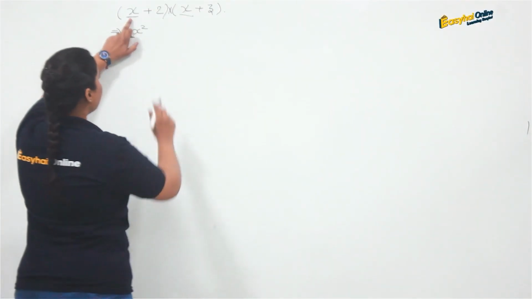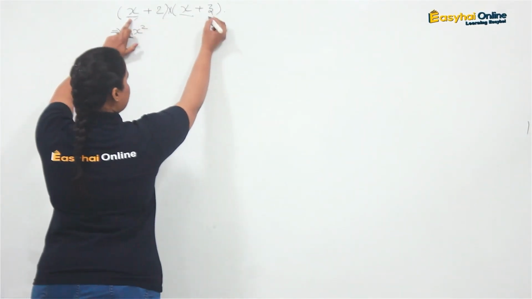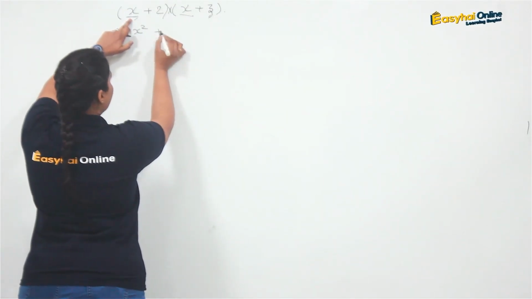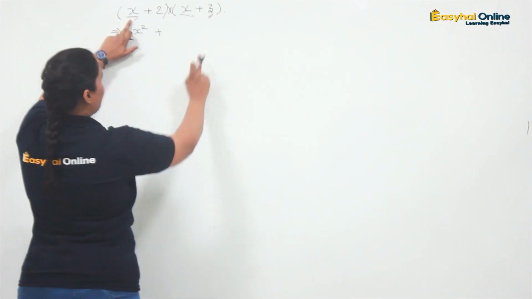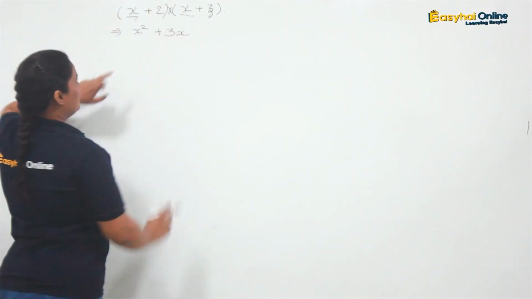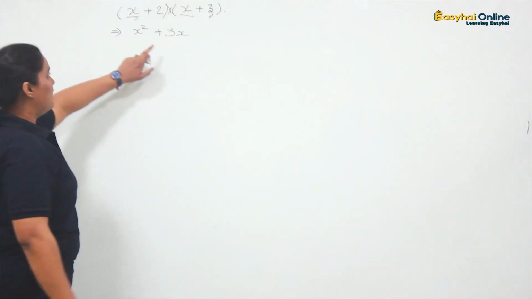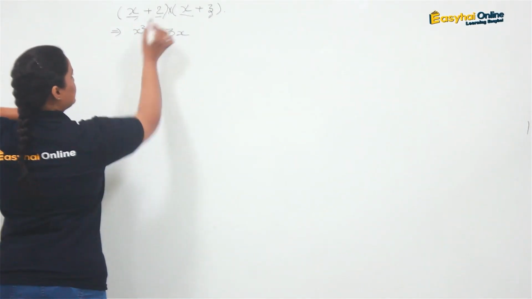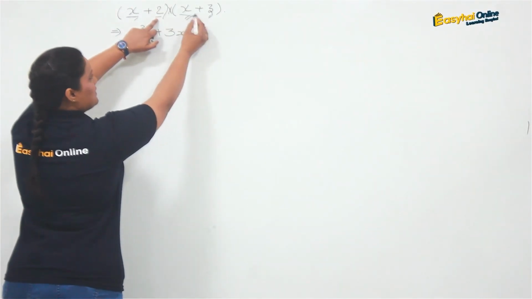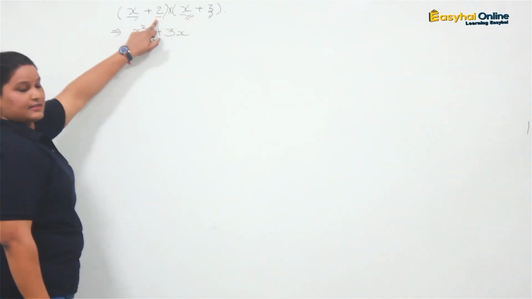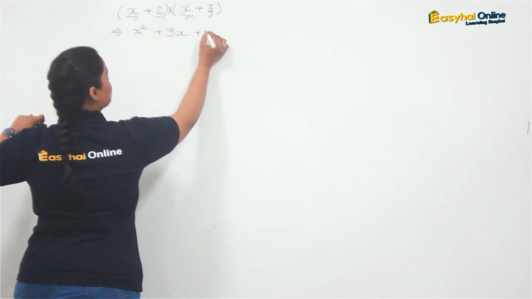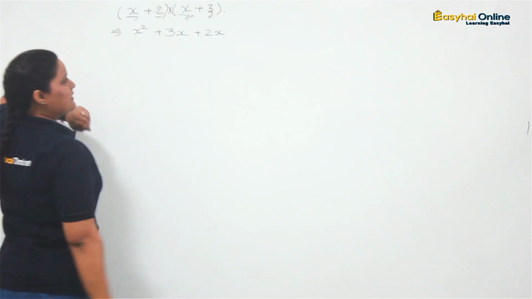Now multiply this first term by the second term of the second bracket. It means plus, because this is plus 3, so it will be 3x. Now come to the second term. Multiply this second term by the first term of the second bracket: 2 into x means 2x.